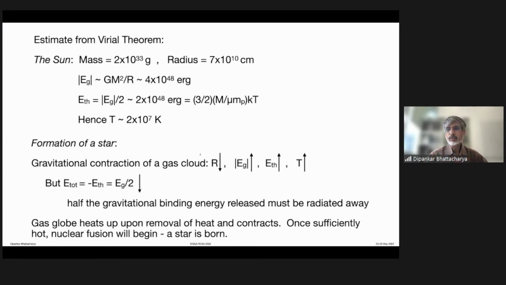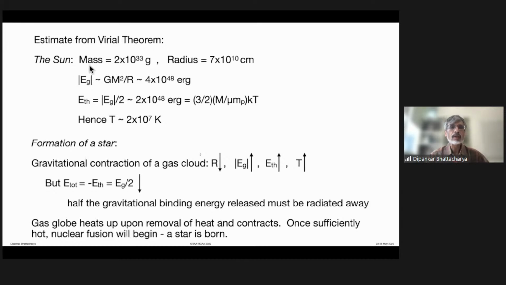Now let's put this to some use to get some rough estimates. For example, for the sun. For the sun, the total mass is about 2 times 10 to the power of 33 grams. Its radius is 7 times 10 to the 10 centimeters.